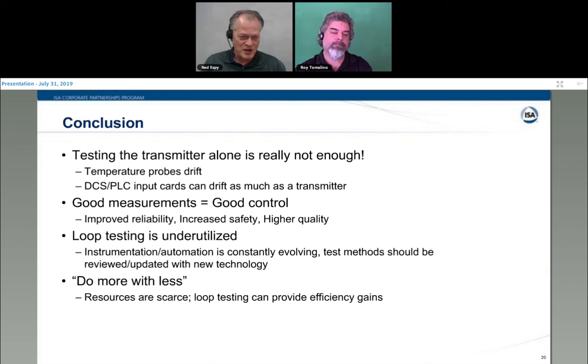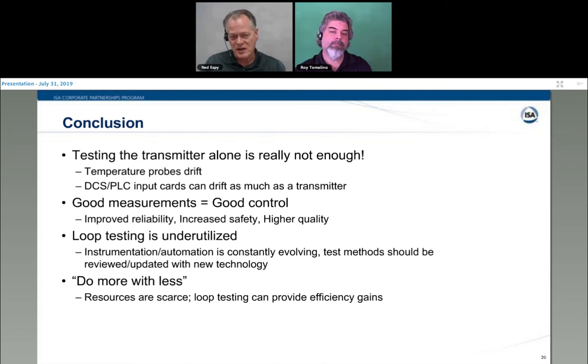I feel that loop testing is underutilized. People misapply it. Do keep in mind that doing a loop test might cost you more time, but if you've been testing individual things all along, it can save you time.